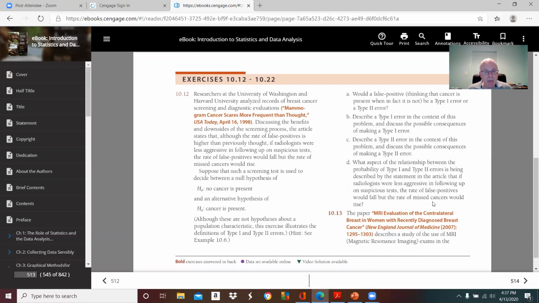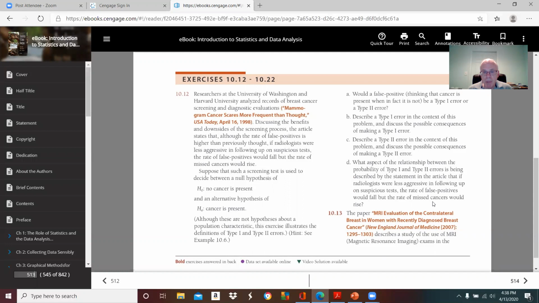Discussing the benefits and downsides of the screening process, the article states that although the rate of false positives is higher than previously thought, now let's just say what a false positive means. A false positive test would mean what? It would mean that the test shows that you have the cancer, and false meaning then in reality you don't have the cancer.